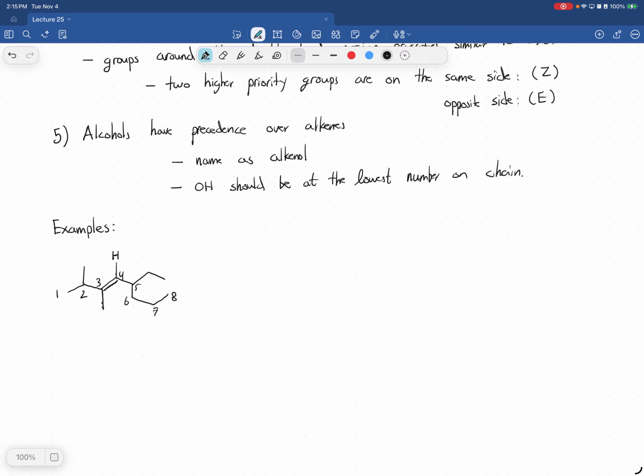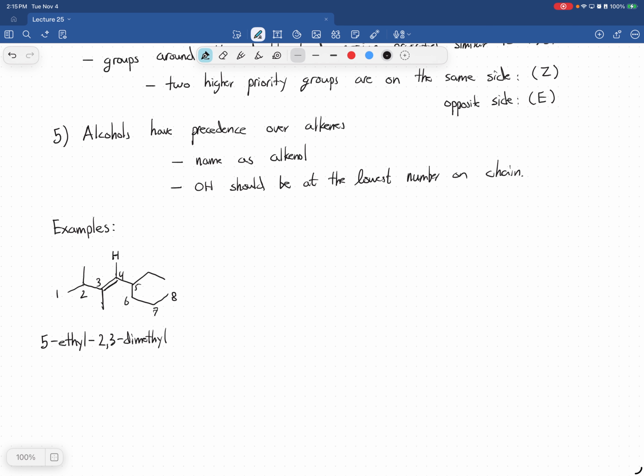So at the 5 position, we have an ethyl group. So let's write 5-ethyl. What other substituents do we have? Yeah, 2,3-dimethyl. Very good.